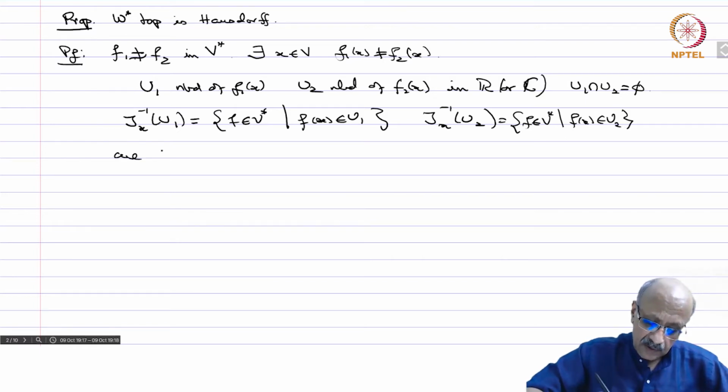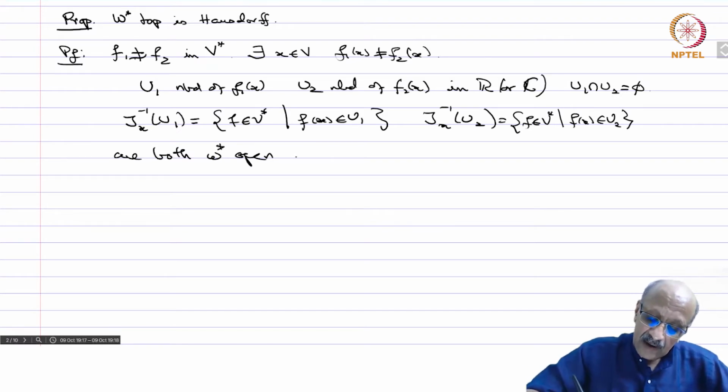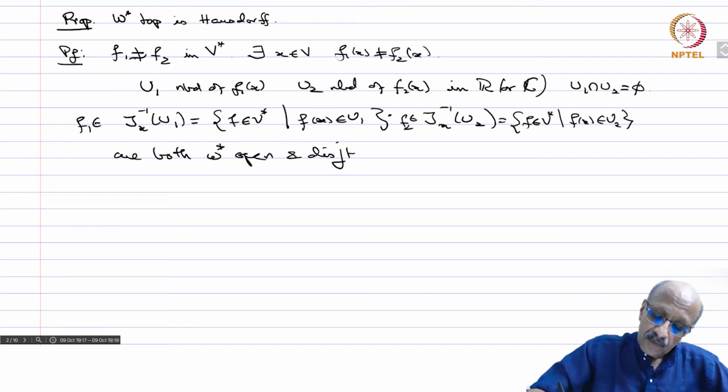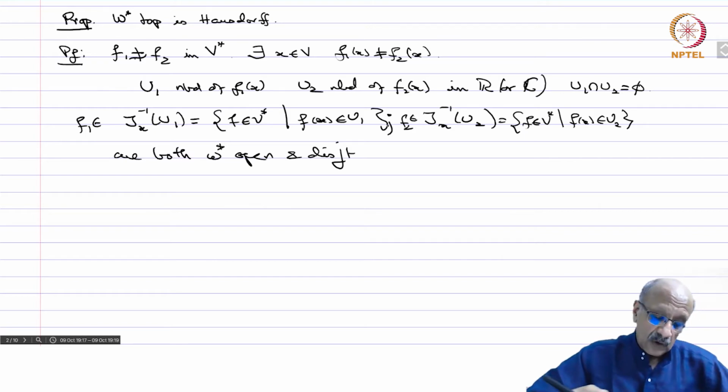These are both weak star open by definition because it's Jx inverse of something open, and disjoint, and you have f1 belongs to this and f2 belongs to this. Okay, so you have weak star neighborhoods of these.